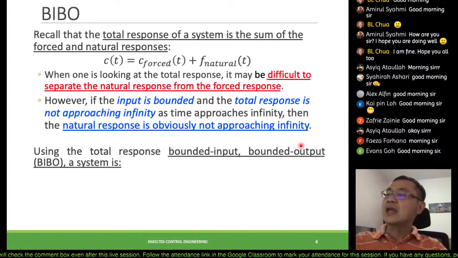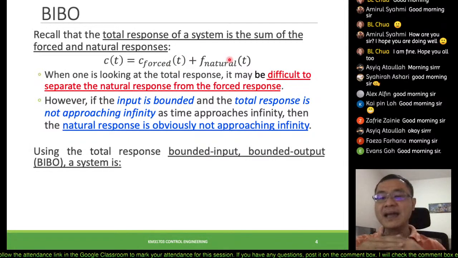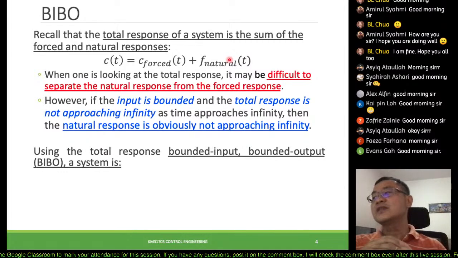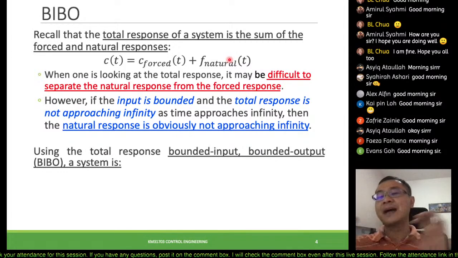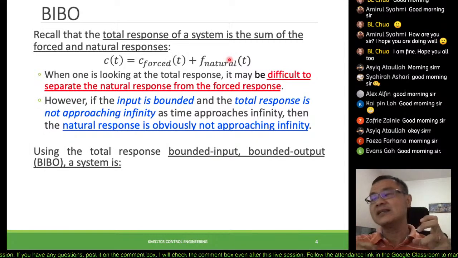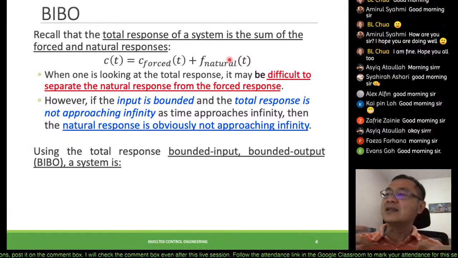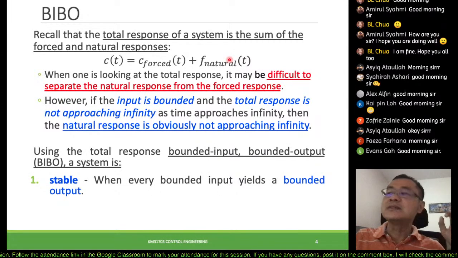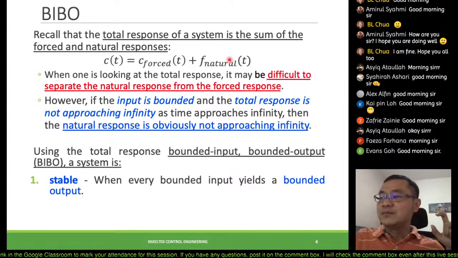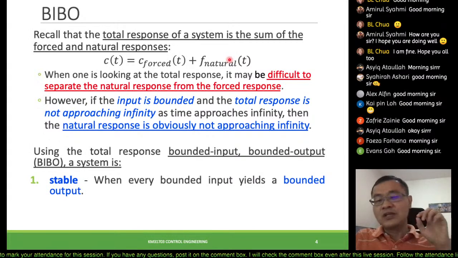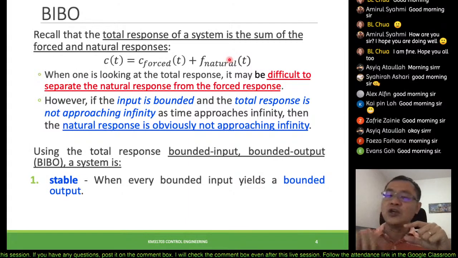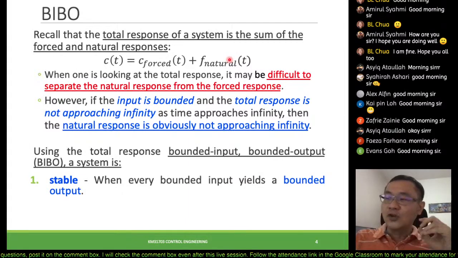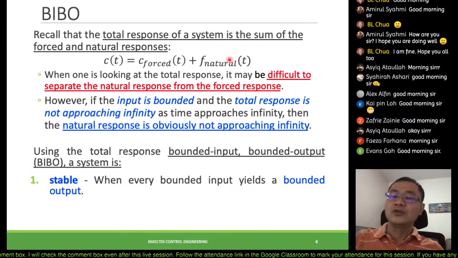Since the forced and the natural response are combined as a total response, most of the time it is hard to break them out separately and explicitly. Therefore the BIBO idea uses the total response itself: if the system is stable, then for every bounded input, a range that is not an unsteady type of input, we will for sure get a bounded output.